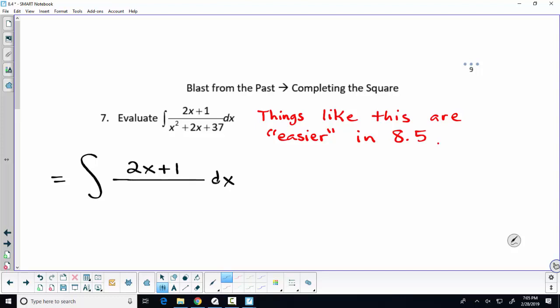So when we complete the square on that, what do we get? You remember we take half of this number, square it, add that in, subtract that in.